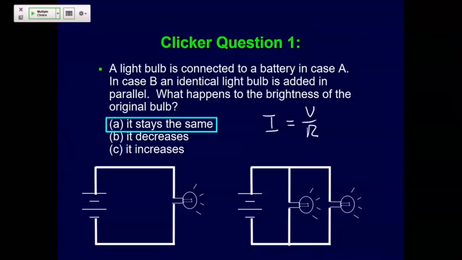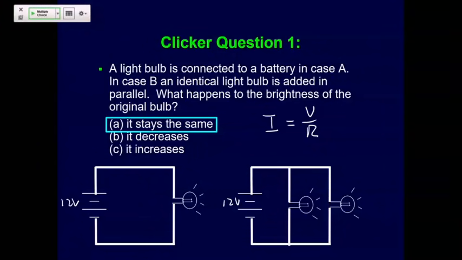Let's imagine this is a 12-volt battery. In this case, the top end of this light bulb is hooked up to the top, which is just a piece of metal, so this is 12 volts. Over here would be 0 volts. So there's 12 volts across this bulb.